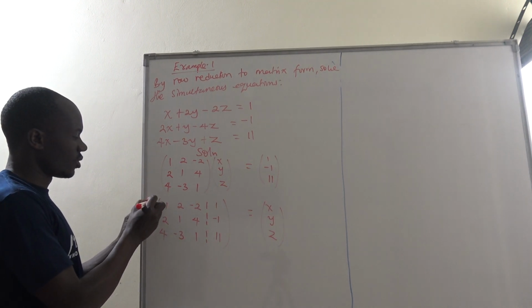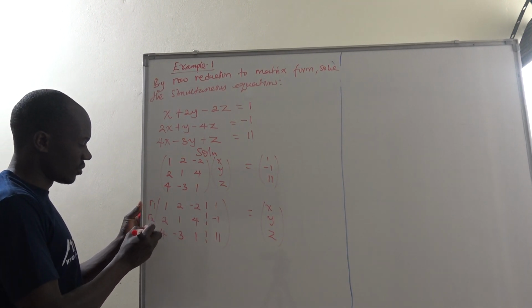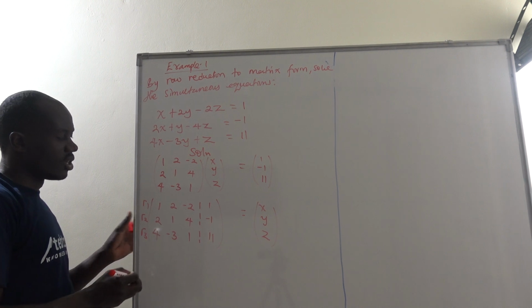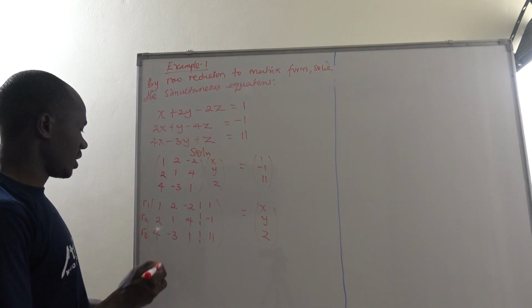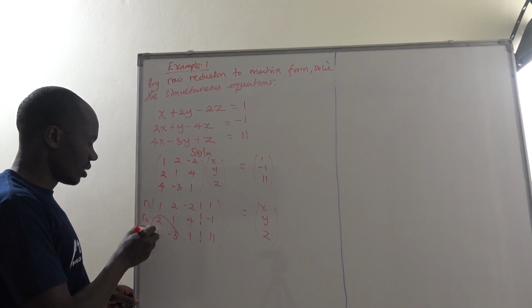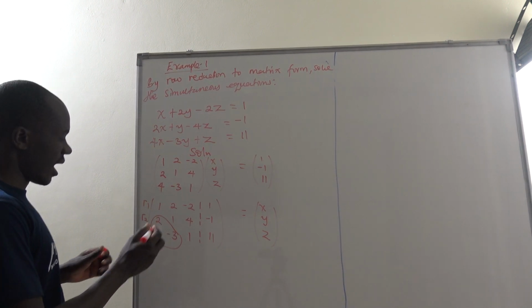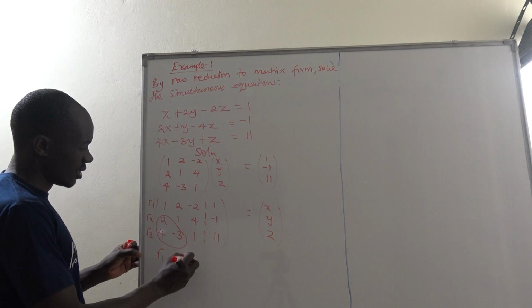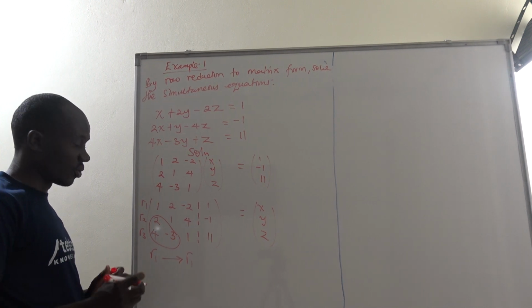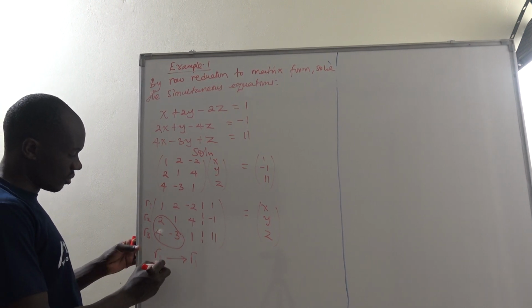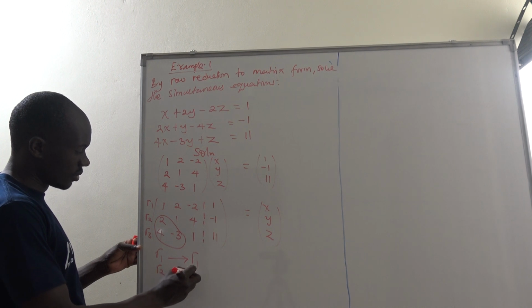So this one is row 1, this is row 2, this is row 3. Our interest is to eliminate these ones to become zeros. So I can keep row 1 as row 1, keeping it constant. Row 2, I also keep as row 2.